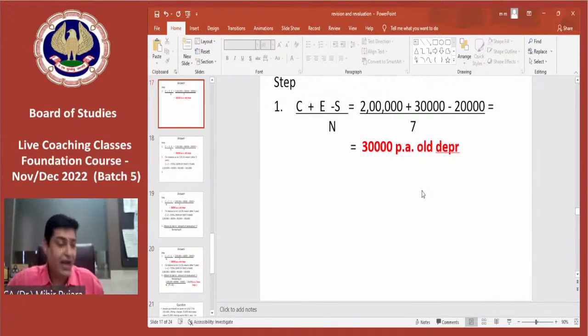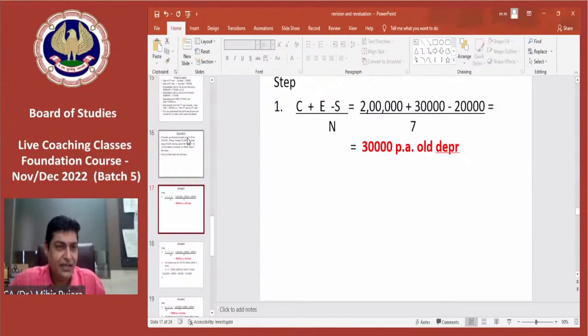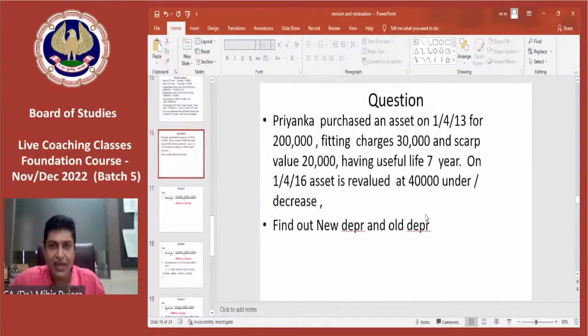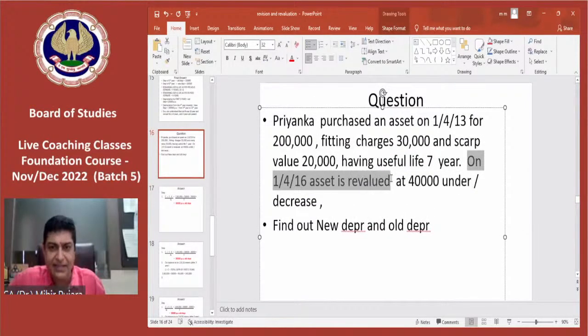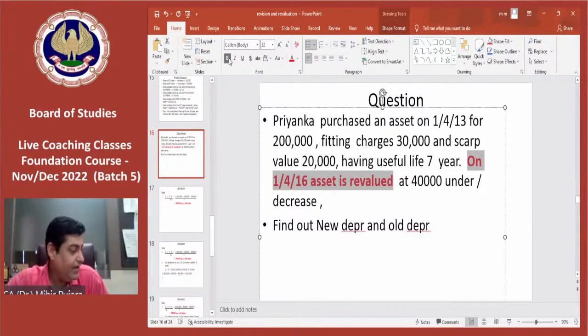Okay, now guys, on 14-1-6 the asset is revalued.